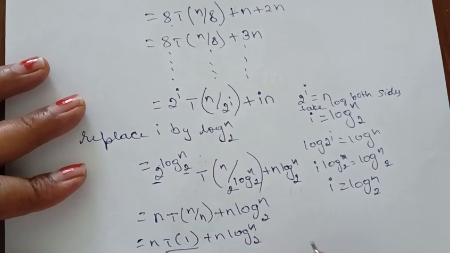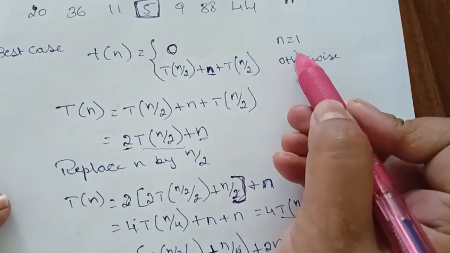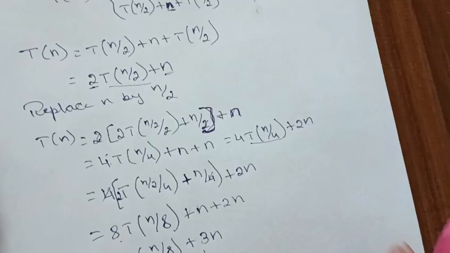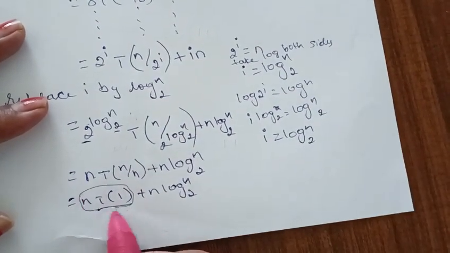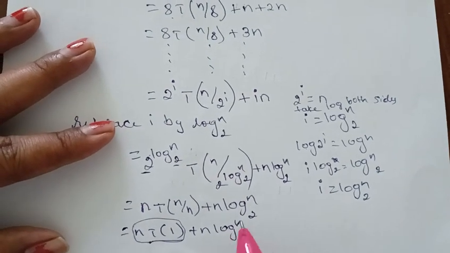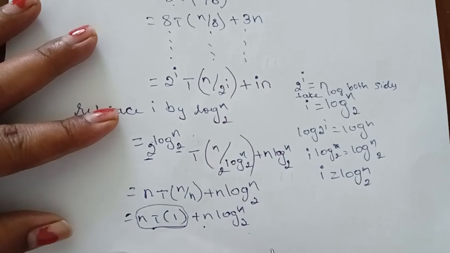T of 1. Okay, so see here, if n is equal to 1, what is the thing? It is 0. So this entire term will become 0, n into 0. Is it not? So I'll be just left out only with n into log n to base 2.